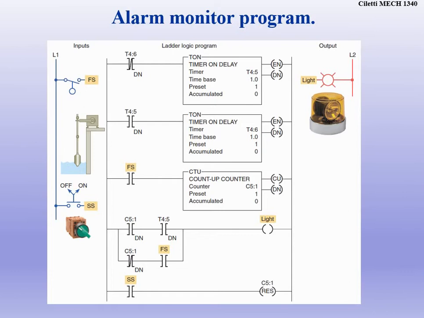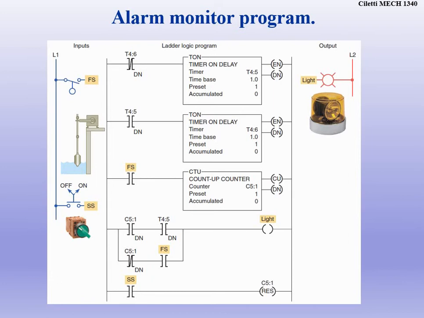We can have these built into the program to help us monitor what's going on. So if we are consistently getting some sort of fault, like daily or hourly, we can check on a count. How many times has this happened? It really helps us step back and troubleshoot as we go through fixing our line or our system.